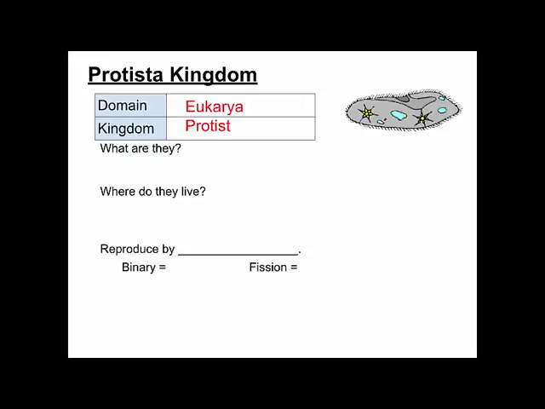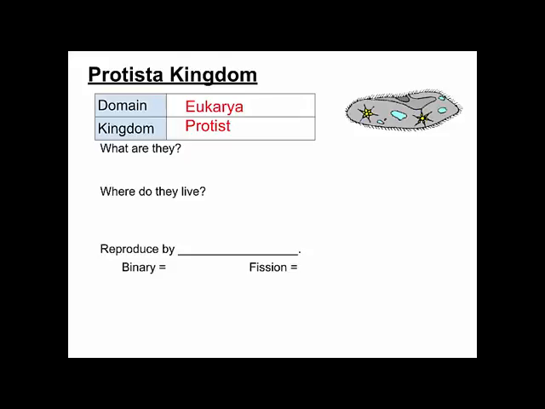And so we already know some of their characteristics because we talked about them when we went over the 6 kingdoms. So protists, tell me about them in terms of number of cells. What word would you use to describe them? Tatum? They're unicellular. What about their nucleus? What word would you use to describe them? Gavin?